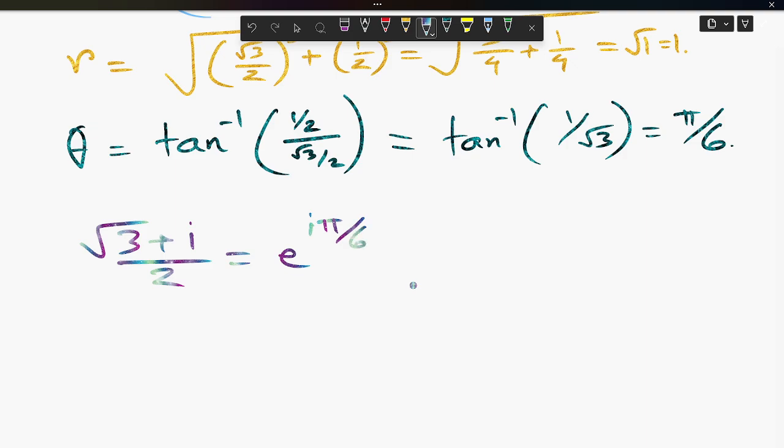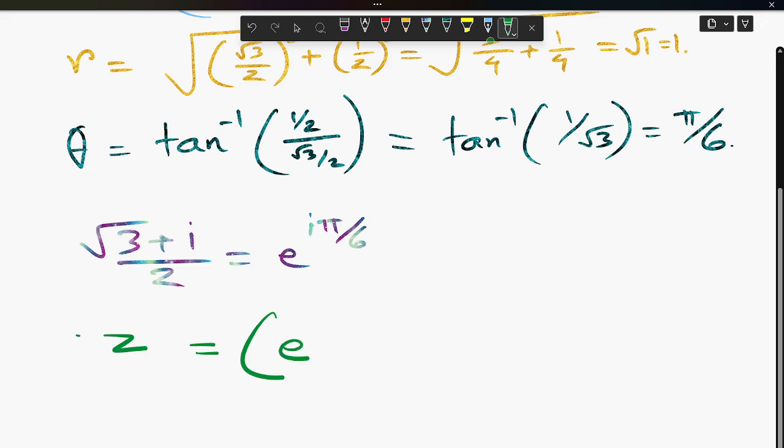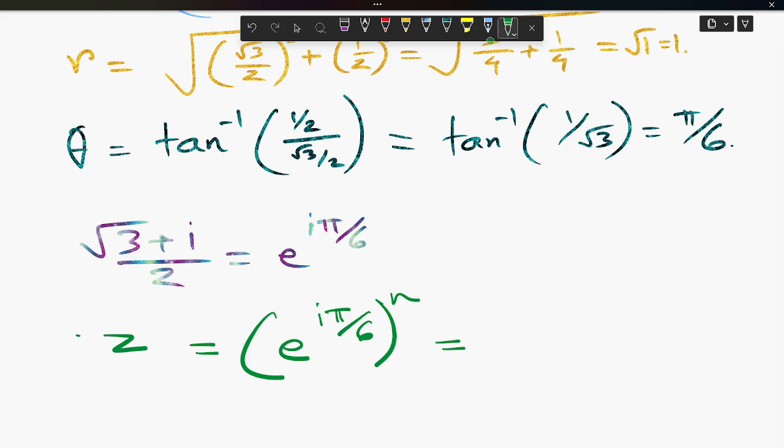Now we are going to compute the power of it. So z equals (e to the power i pi by 6) whole to the power n, that is equals to e to the power i n pi by 6.